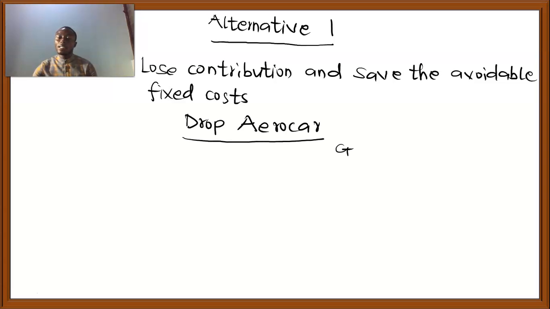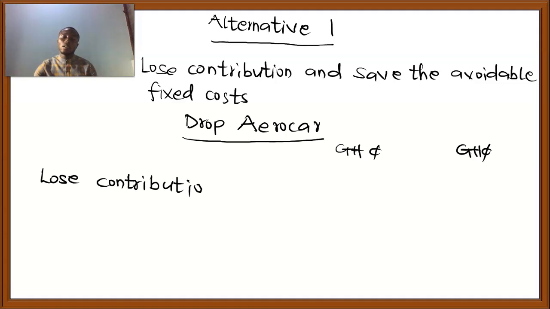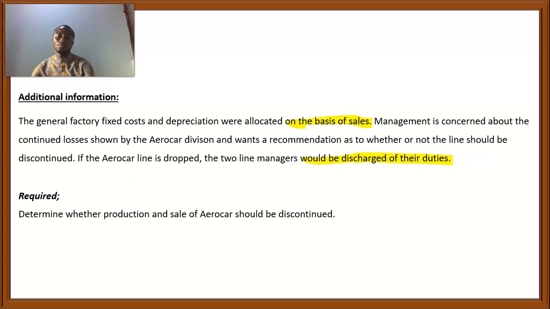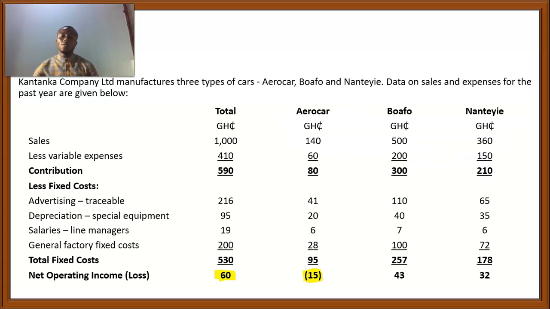We have our Ghana cedis here. And using this approach, we say we are going to lose the contribution pertaining to that particular line of business. So let's refer back to our question. We realize that the contribution that is coming from Eroka is 80 Ghana cedis.